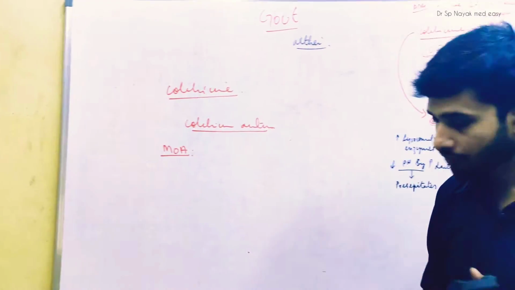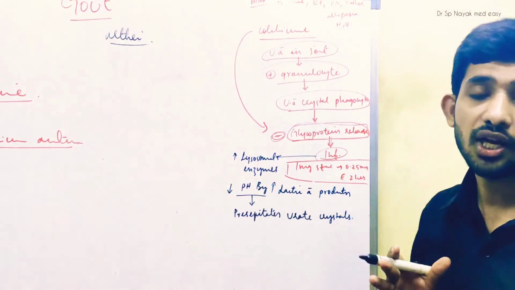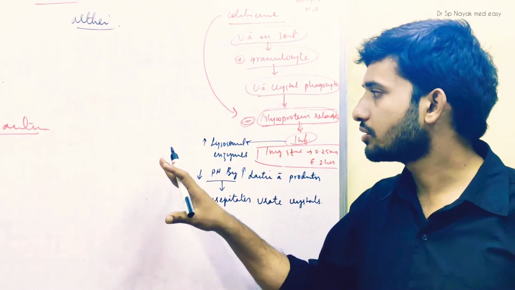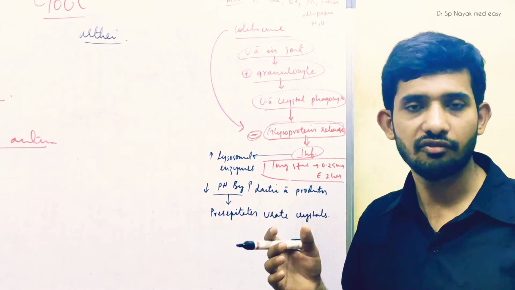Just zoom it here. In gouty arthritis, inflammation is commonly seen because urate crystals are accumulated in the joints, and by that it causes severe inflammation.